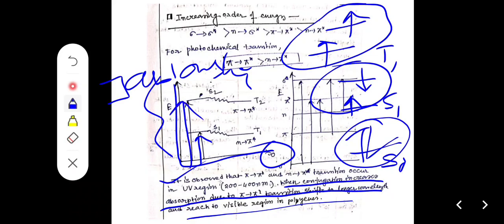There must be a possibility of return back, that is S2 to T2 by inter-system crossing, that is the second triplet excited state, and S1 to T1 by inter-system crossing, that is the first triplet excited state. Take for example, this is pi to pi star and this is n to pi star.